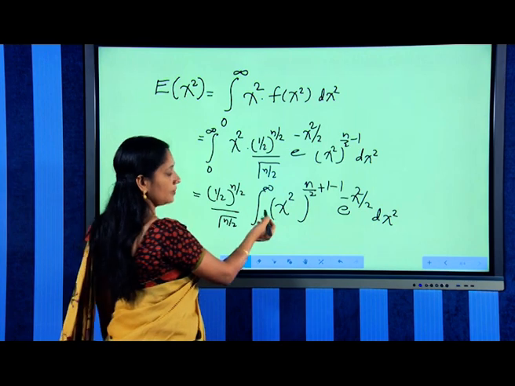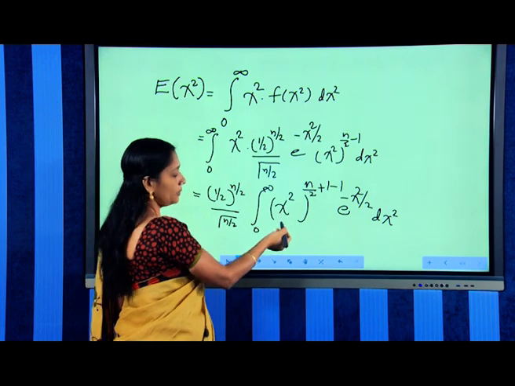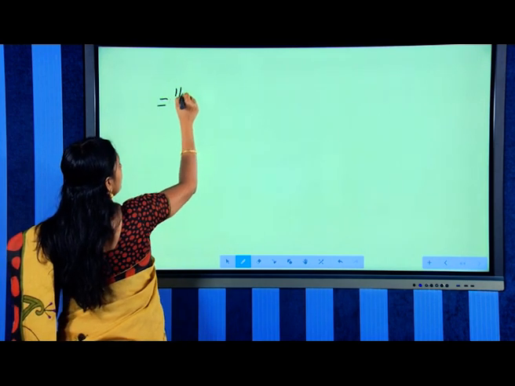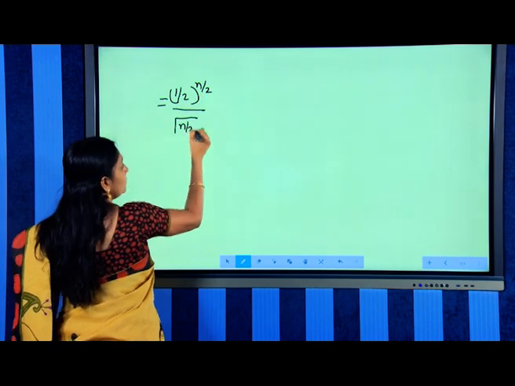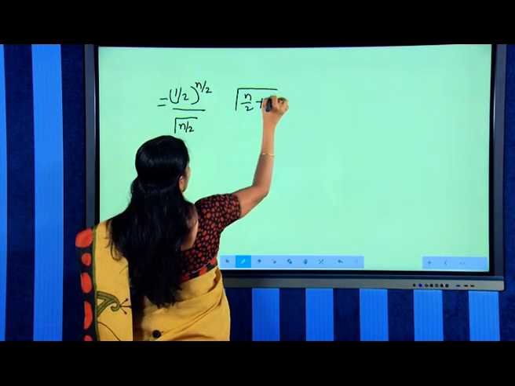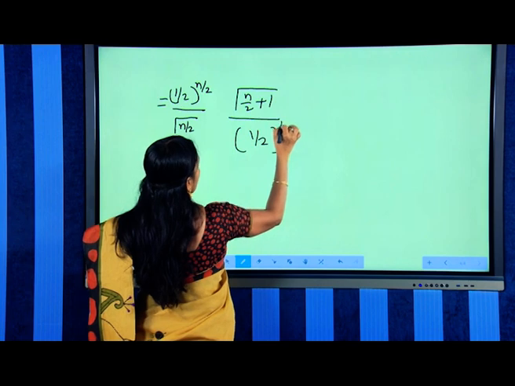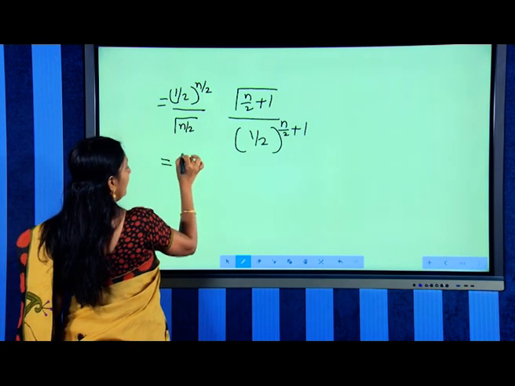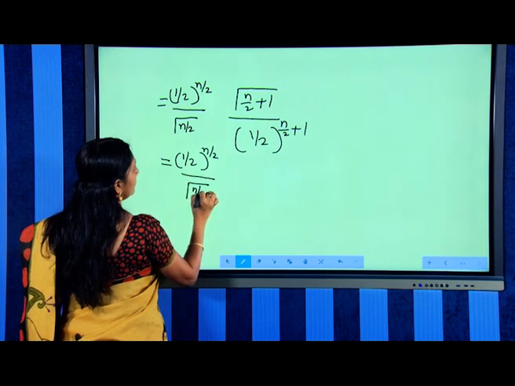Now, this is again a chi square distribution. So, using the property of the density function, we can write this as equal to 1 by 2 to the power n by 2 divided by gamma n by 2 into gamma n by 2 plus 1 divided by 1 by 2 to the power n by 2 plus 1, which can be simplified as 1 by 2 to the power n by 2 divided by gamma n by 2.